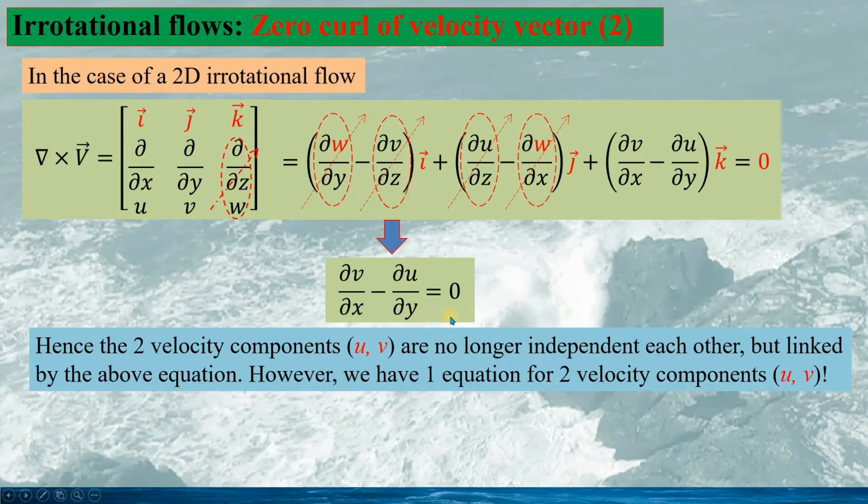That means to solve the velocity components in the 2D irrotational flow, we need an additional equation to make the system complete. This would be different from the 3D case where we have three equations for three velocity components.